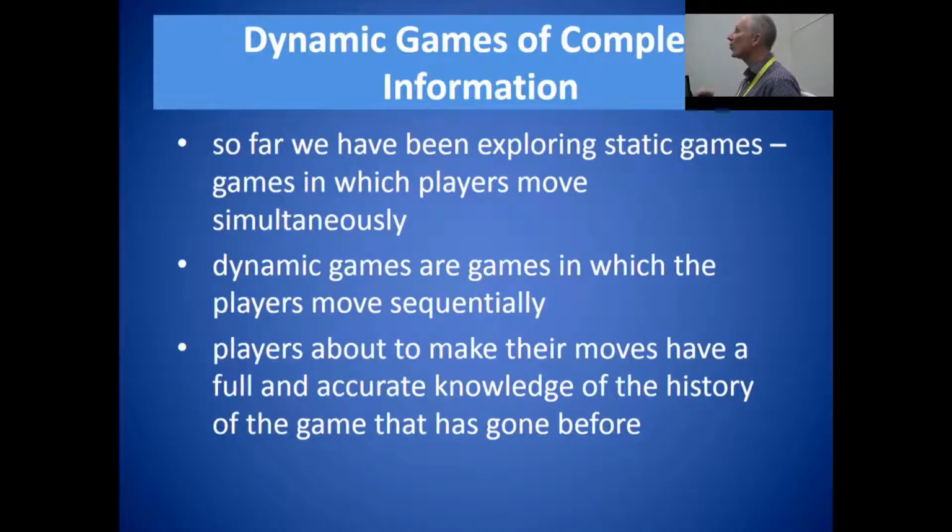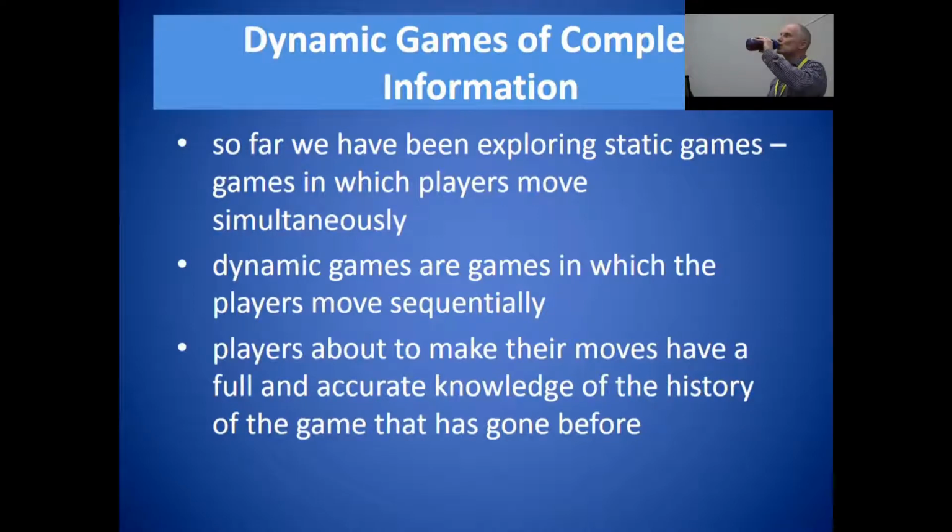And they will know exactly what the outcomes of the game are. So these are dynamic games of complete information. The distinction with what we did previously is that they were static games of complete information. Now we're going to look at dynamic games.